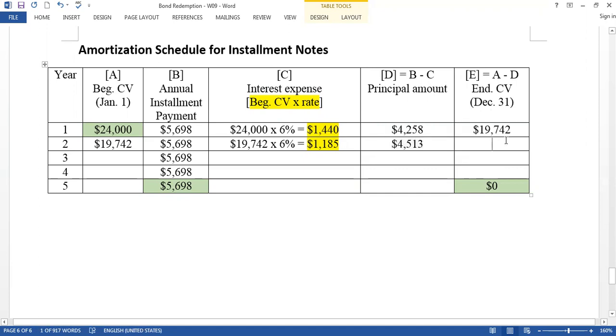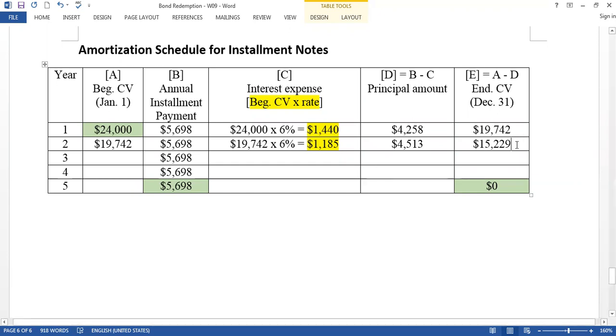At the end of year 2, our remaining liability is 15,229. So this is the ending carrying value of our liability at the end of year 2.